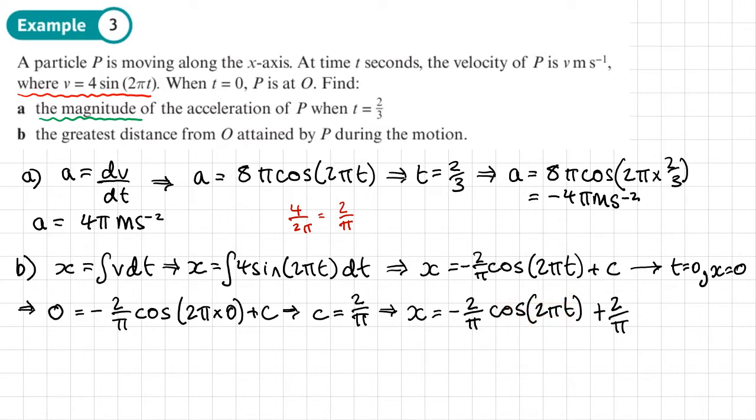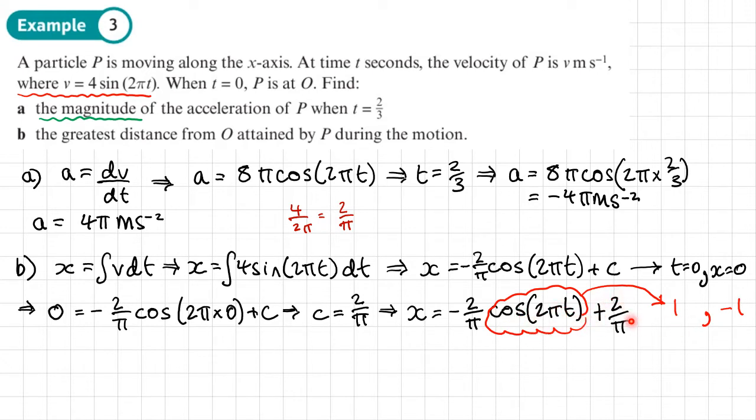So let's just annotate over it. This part here is going to be the part that changes. That will be going from +1 to -1. It's going to be between those values, and we want to work out, is it the +1 or the -1 that's going to give us the greatest distance?